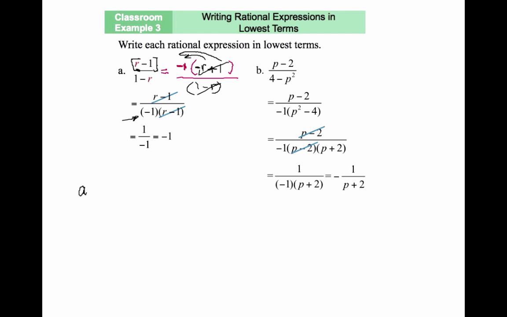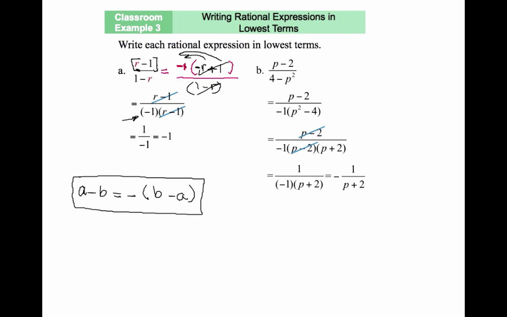So you want to keep in mind that a minus b is the same as minus of b minus a. That's something you may want to remember. Because if I have in my expression a minus b and the other one is b minus a, all I have to do is factor a minus 1 out of one of them, and they would look exactly alike, so I can reduce them or factor them.